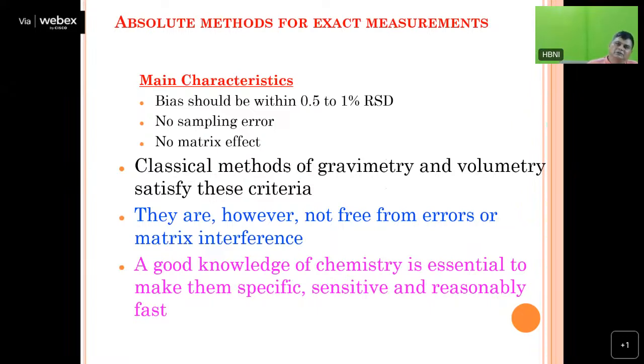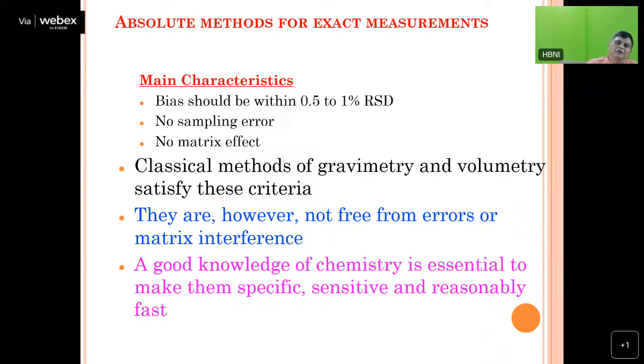So the main advantage of this absolute method is that, I think we have not introduced the term RSD, the relative standard deviation. Whenever you are going to determine any kind of analyte in any matrix, the relative standard deviation is one of the important parameters.